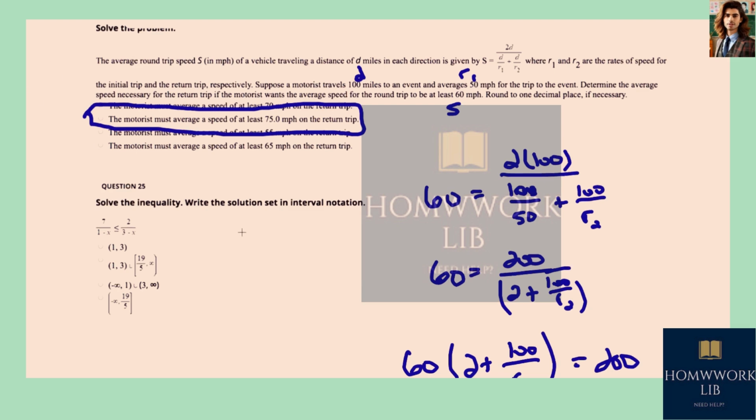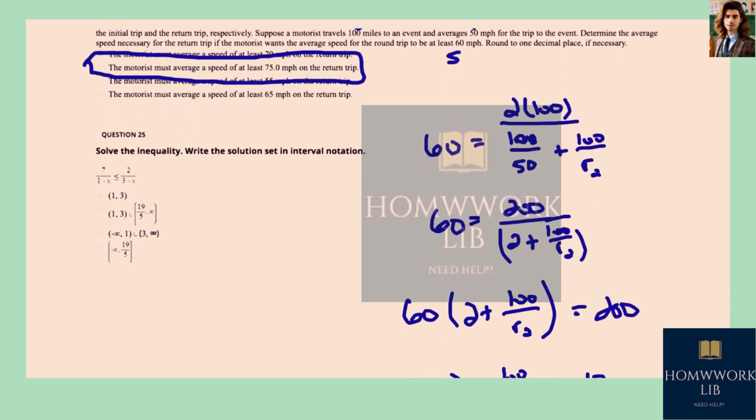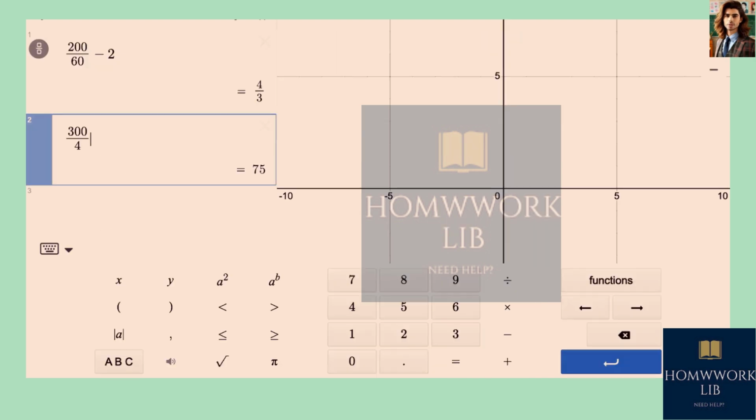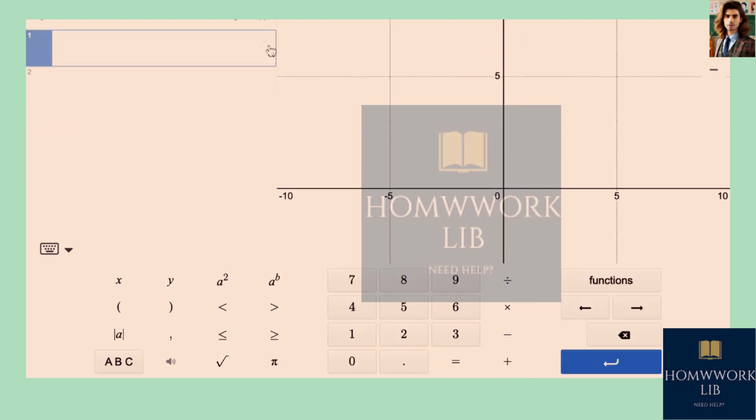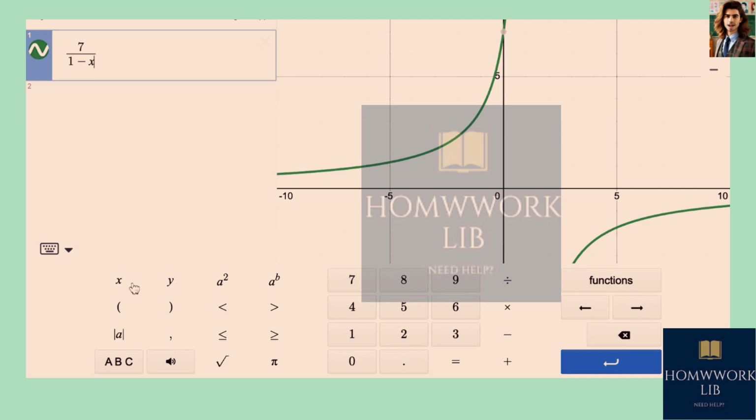In the second one, I'd recommend just graphing this. So we have 7 over 1 minus x, and 2 over 3 minus x.